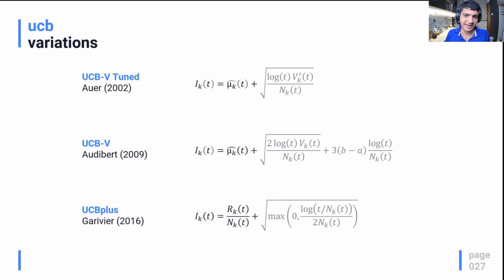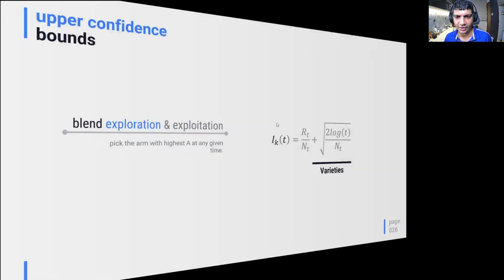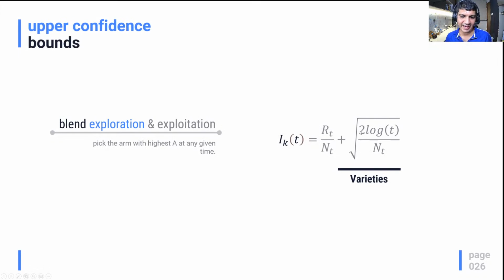It makes it very cumbersome to work with those choices when you have this VK term, which involves the square of the reward. So you're driving up a lot of computations in there. Typically, working with a variation of UCB or UCB alpha could be a very good starting point.